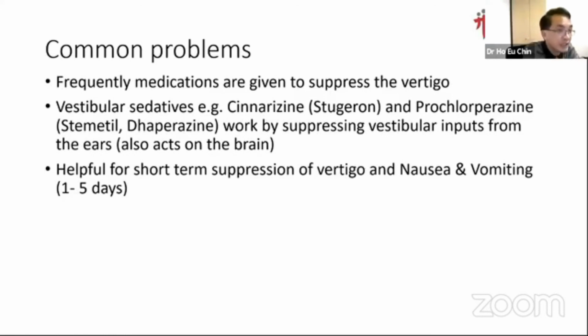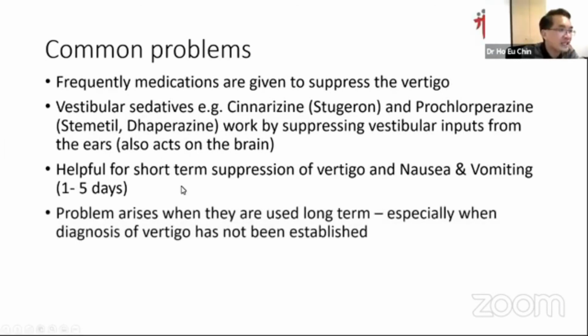I think that's great, because you just feel so lousy, you want to feel normal again. So perhaps up to 5 days or maybe at a stretch of a week, that's fine, taking this type of medication.